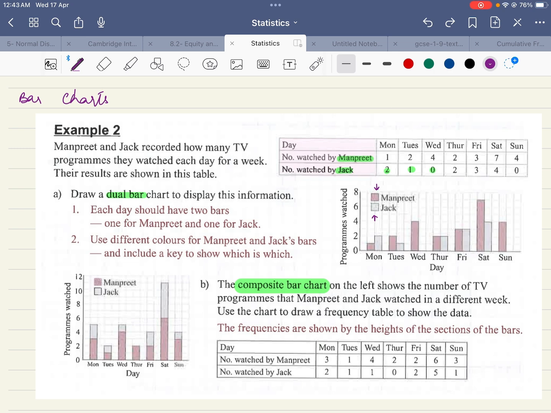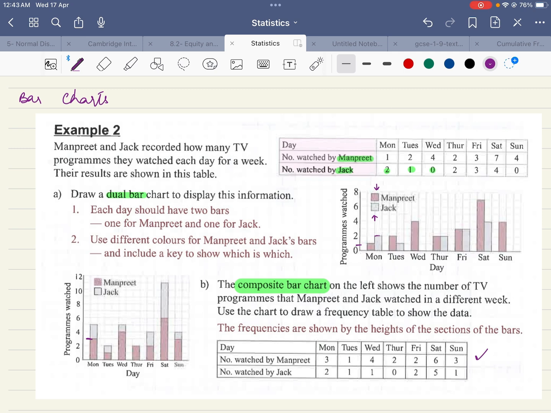Let's have a look. Manpreet has watched only one on Monday, and Jack has watched two, right? So Manpreet programs watched. This is for a different bar chart. Sorry, this is for a different bar chart.